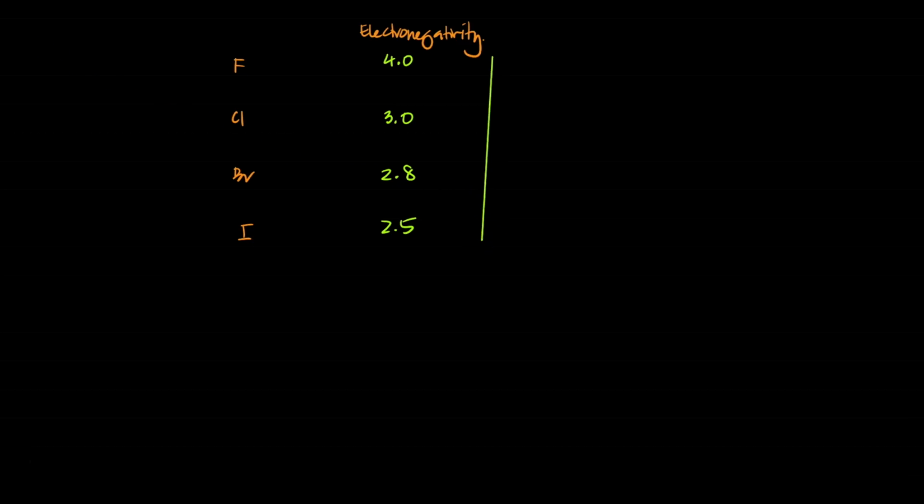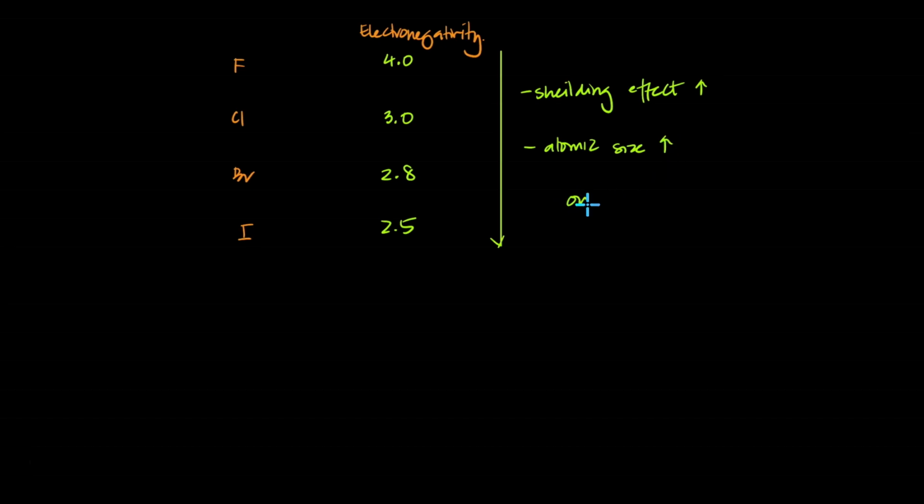But the idea is that down the group, the shielding effect, and by the way, this is the same reason we have for ionization energies, the shielding effect increase and the atomic size increase outweigh the increase in nuclear charge. That's why ionization energies decrease, easier to kick out, harder to gain down the group. Okay, which by the way also tells me something.